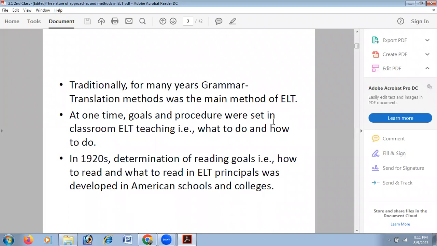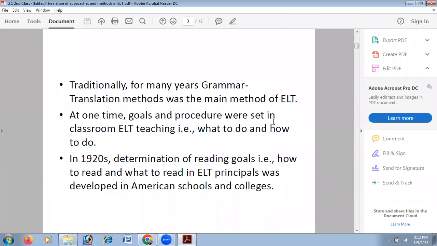Okay, and we said in our first class that in this world, there are 7,000 languages, but all languages are not used as the global language.